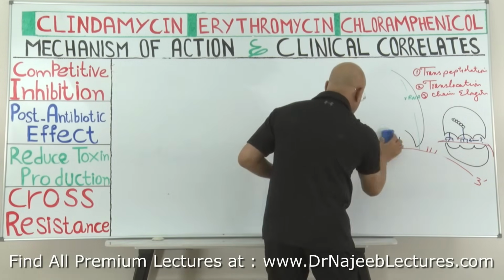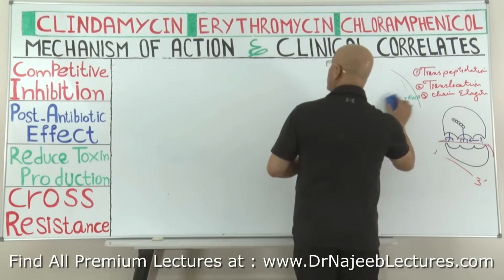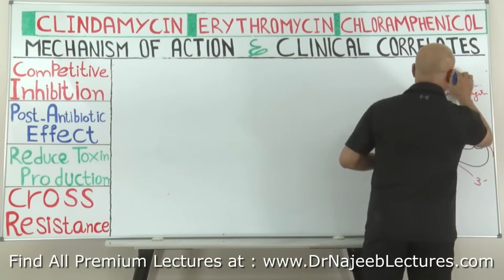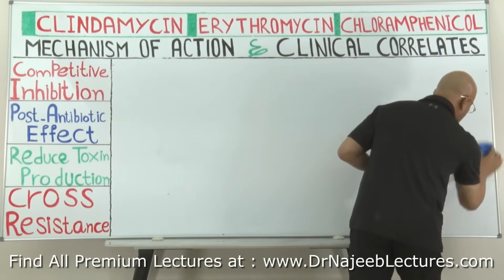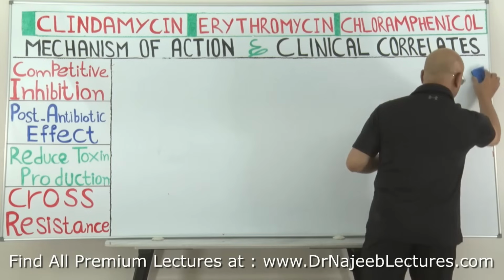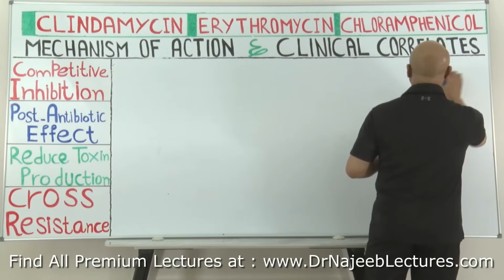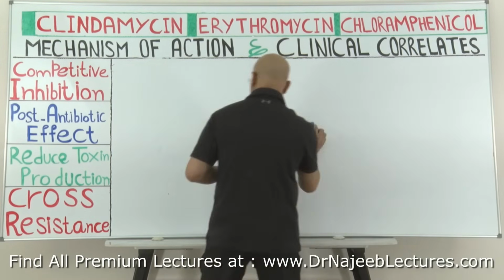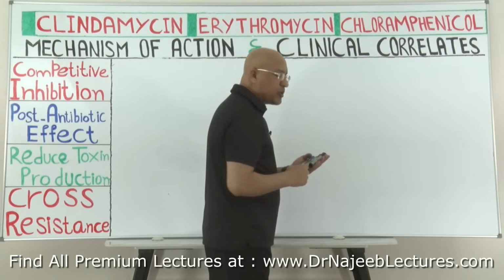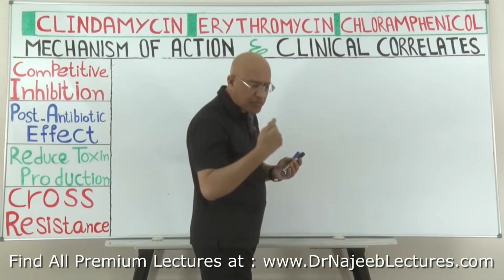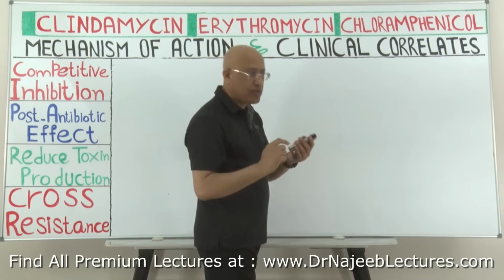In the first diagram, I will show the action of clindamycin. In the second diagram, I will show the action of macrolides. In the third diagram, I will show the action of chloramphenicol, and you will become crystal clear about their mechanism of action and their differences also.